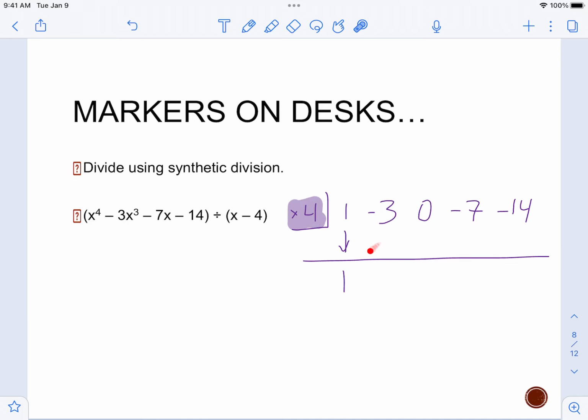Oops. 1 times 4 is 4. 0 plus 4 is 4. 4 times 4 is 16. Negative 7 plus 16 is positive 9. 9 times 4 is 36. And negative 14 plus 36 is 22, which we'll put in a little box like that.